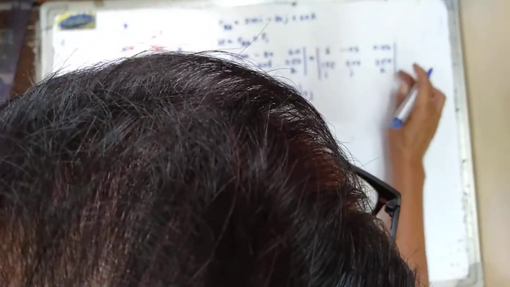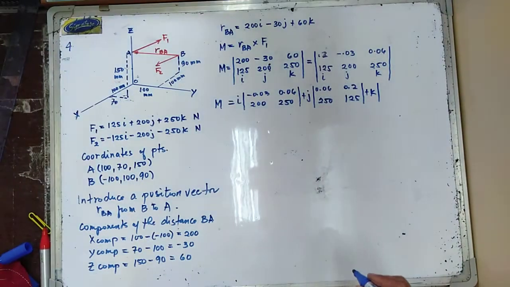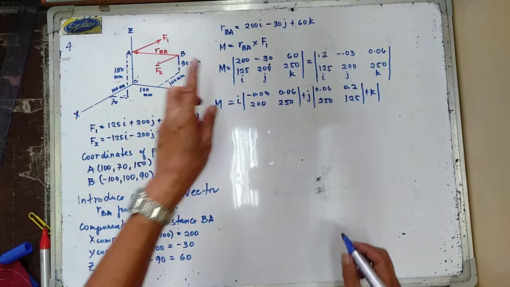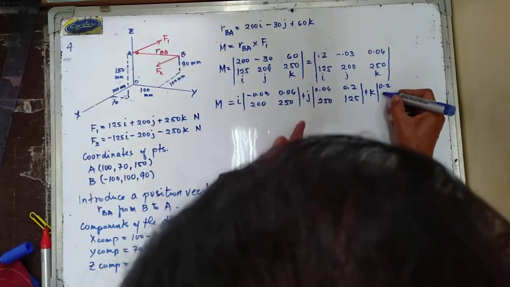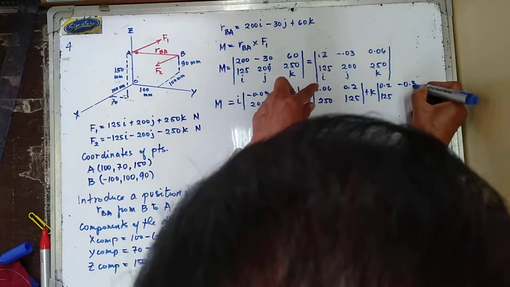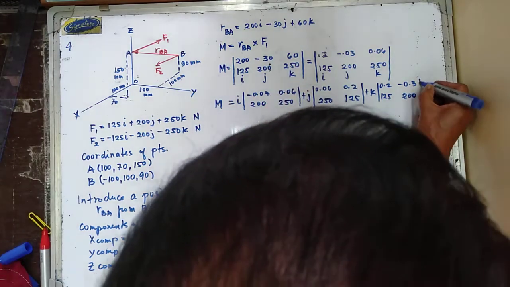Your j is 0.06 and 250, and then we have 0.2 and 125. Plus k. So this is 0.2, 125 minus 0.03 and 200.